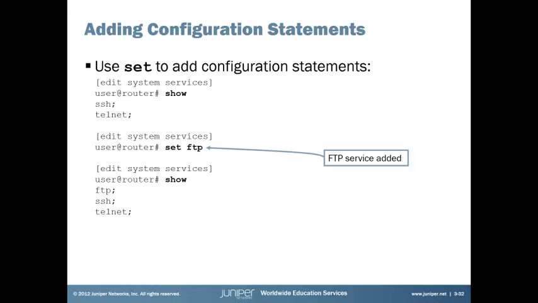For example, I'm in configuration mode because of the hash symbol there, edit system services, and so far I've got SSH and Telnet, but I want to add FTP. So I'll just go set FTP. I've now added FTP to my system services, and if I go into a show, I can see that FTP is now added, because before it wasn't there. I have to commit it to make it go live, but it's now in my configuration.